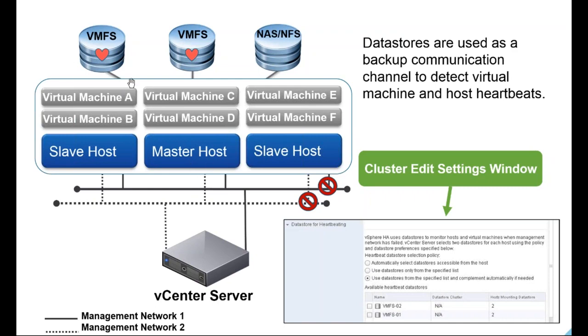If you select that, the database will be located on all your shared data stores. In this model, if any data store is down, the second data store will contain that database, and your vSphere HA database will function as normal.